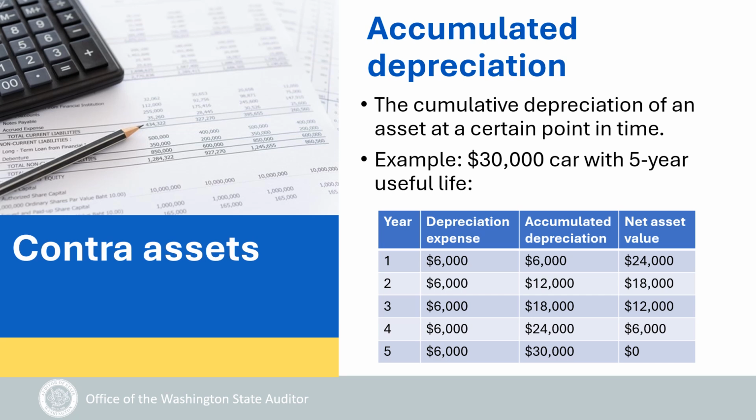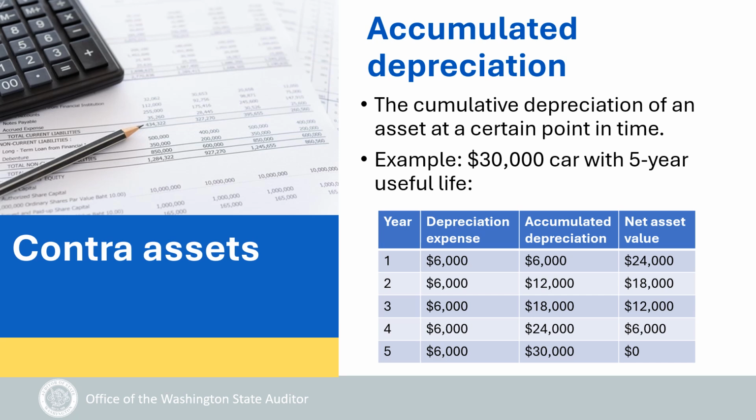Accumulated depreciation is a contra asset account. So it is a negative asset account. It reduces the related asset. That means at the end of year 1, the net asset value is $24,000, which is the original asset amount of $30,000 minus the accumulated depreciation of $6,000.